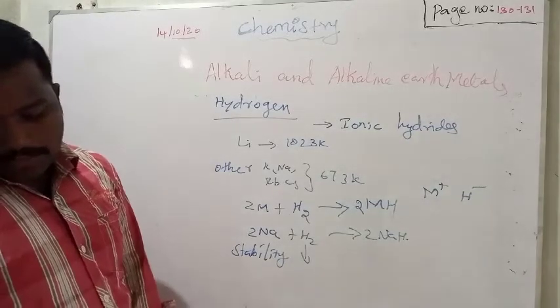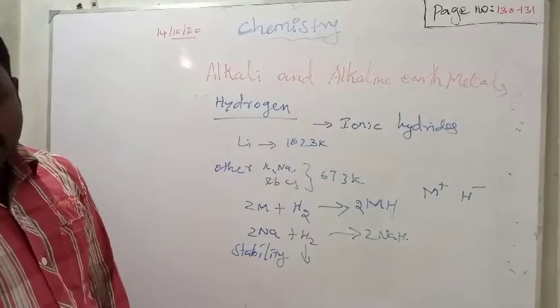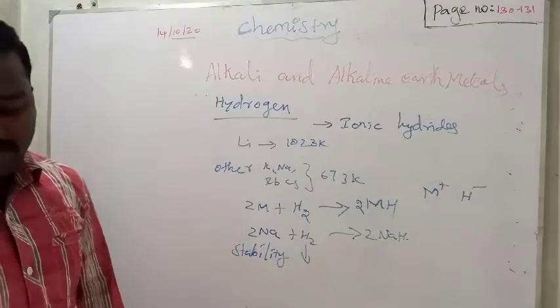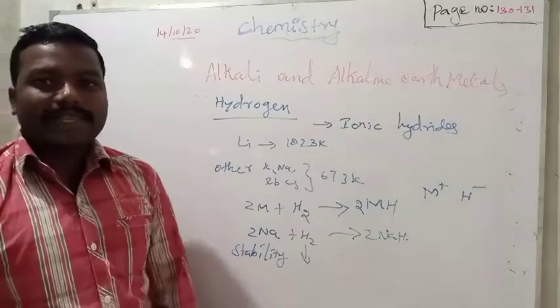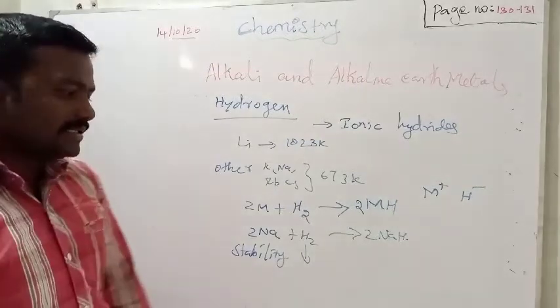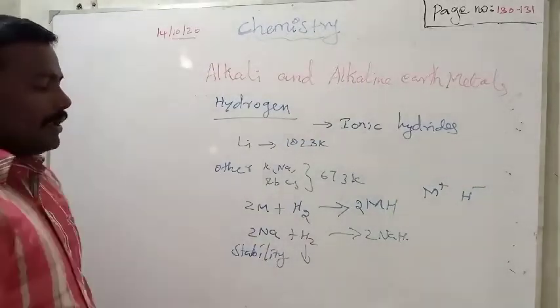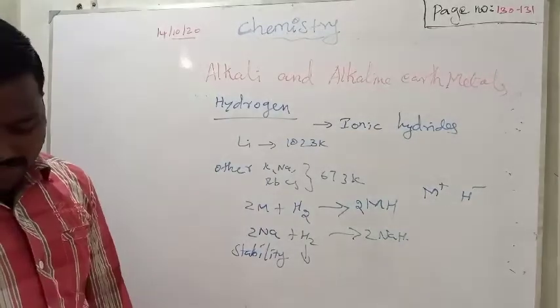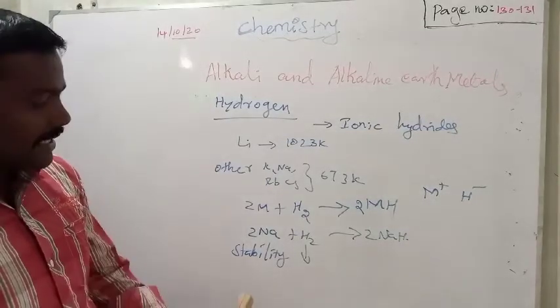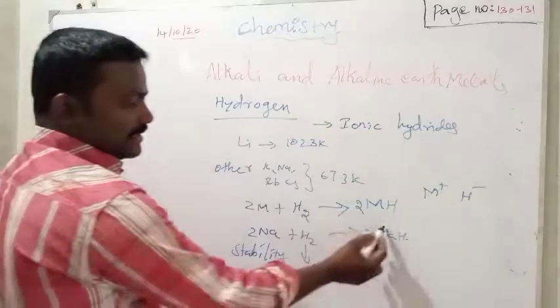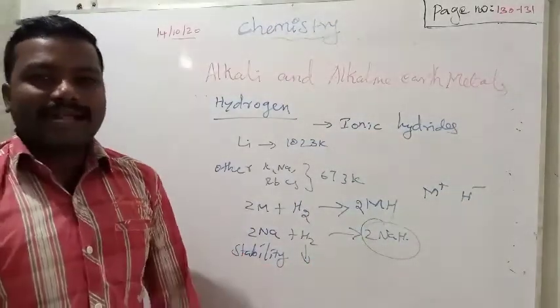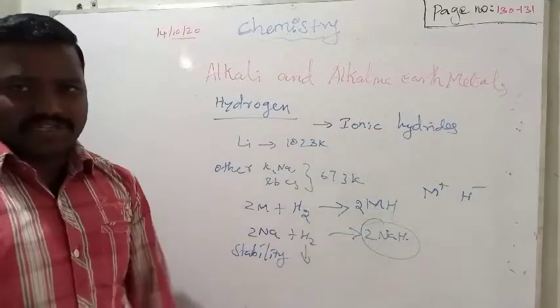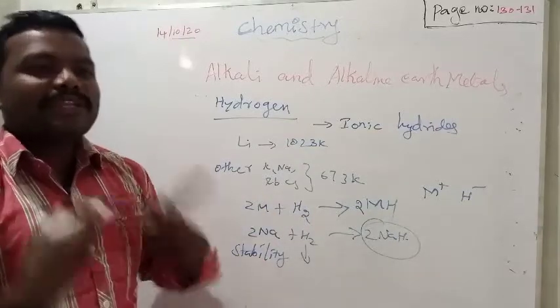And then we can say they act as a reducing agent. Why, sir, do they act as a reducing agent? See, not the metals, the metal hydrides act as a reducing agent, because they can readily give hydrogen.